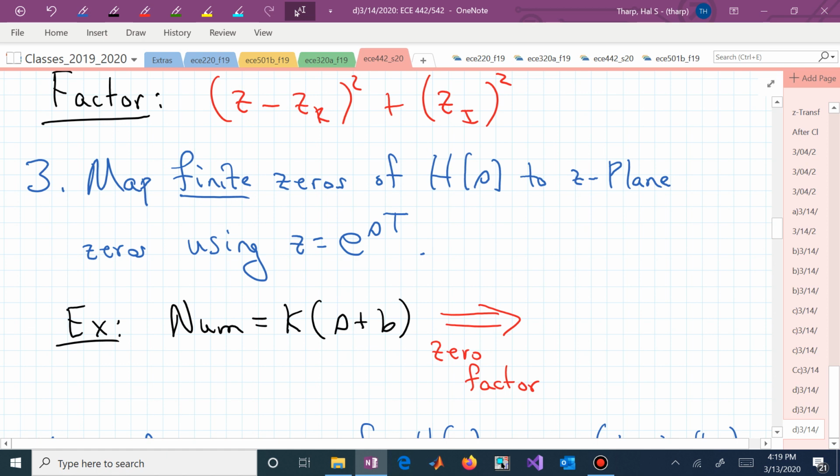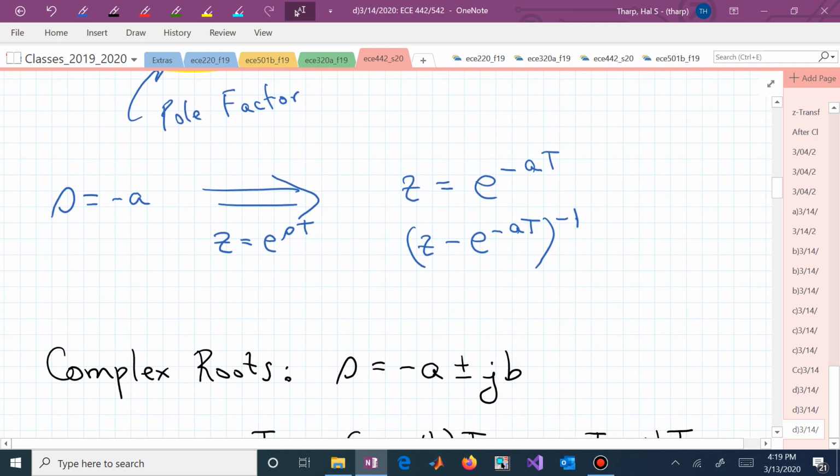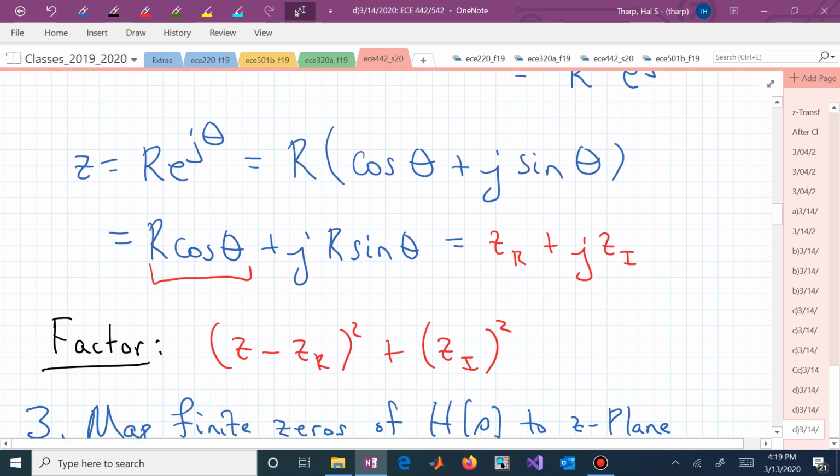The k may be different, so let's just call that a k bar. But what's going to give us the appropriate z factor in the z-plane? It's going to be z equal to e to the minus bT, or the factor is z minus that quantity, e to the minus bT, consistent with how we had it up here. z is equal to e to the sT, where now s is minus b.